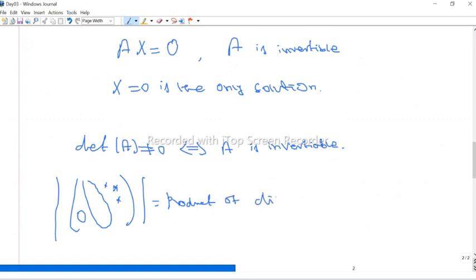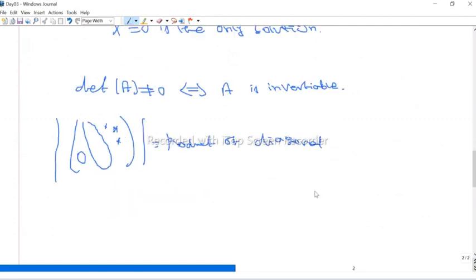So if it is invertible, then the diagonal should be non-zero. So a triangular matrix is invertible if and only if the diagonal elements are non-zero. This is one important thing.